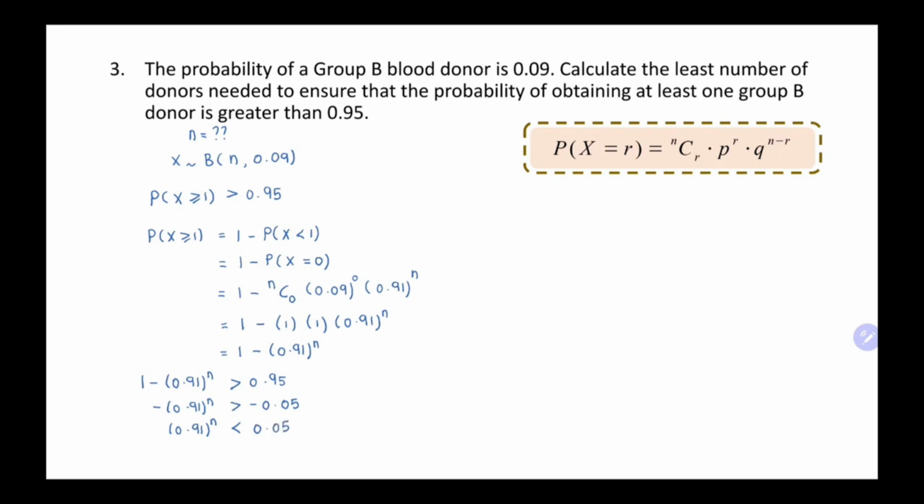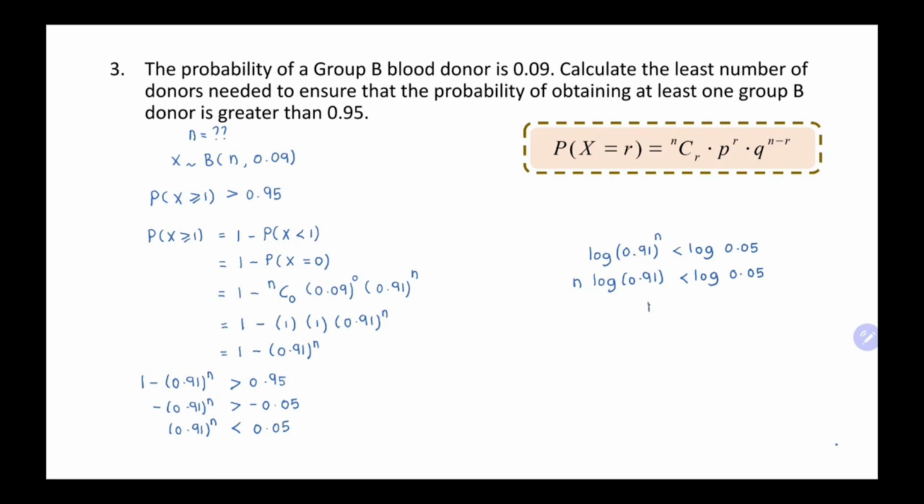To find N power, so we log both sides. So we get log 0.91 power of N less than log 0.05. Then N log 0.91 less than log 0.05.